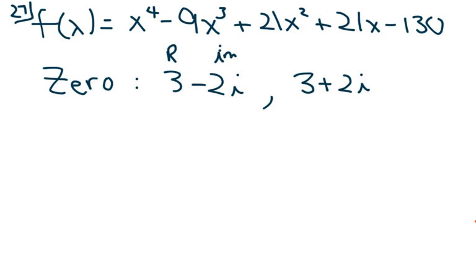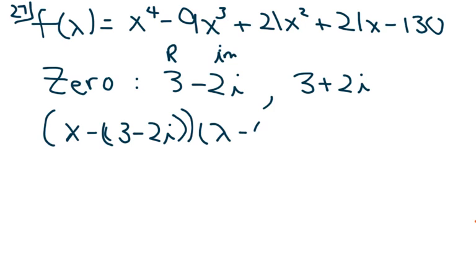So what I'm going to have to do is the stuff we don't like, x minus 3 minus 2i times x minus 3 plus 2i. Now, what I'm going to do is just regroup this.